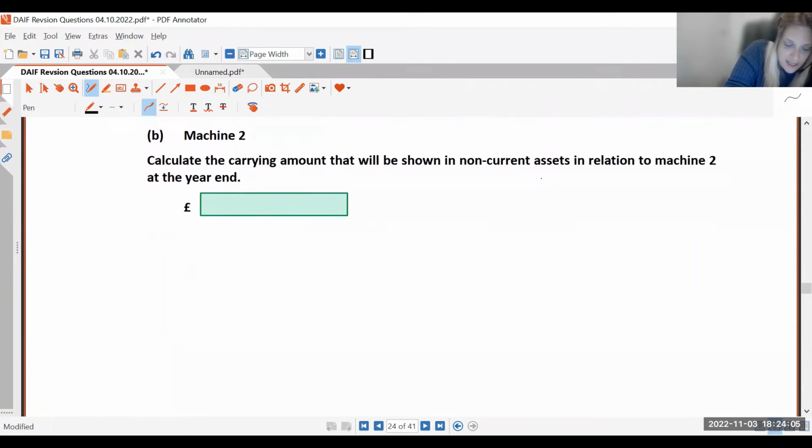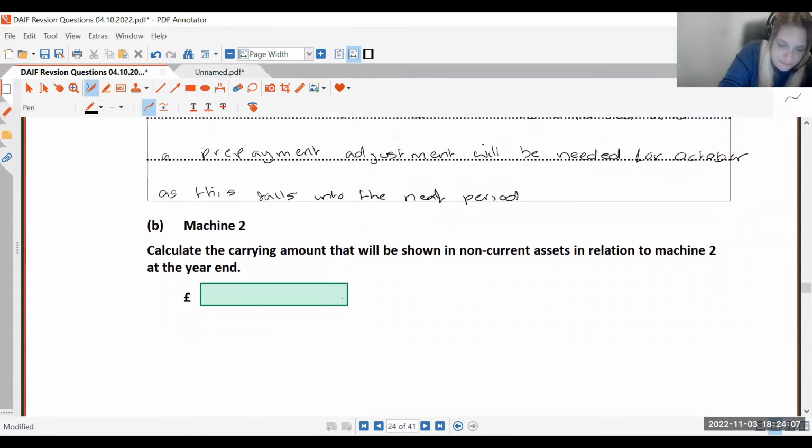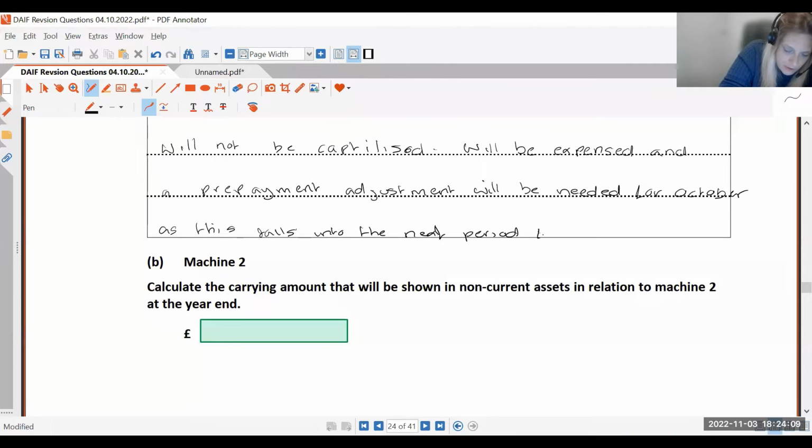And then we'll just put the calculation in there. So our 14,000 times by 1 divided by 10 equals 1,400. And that's the first part of the task.